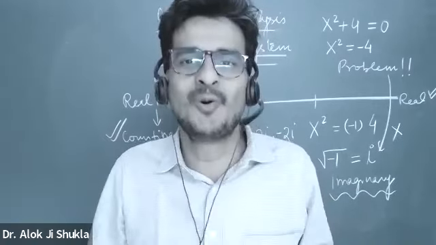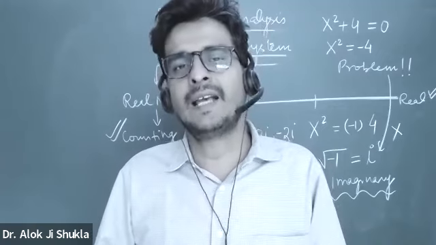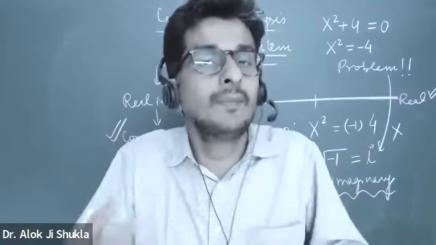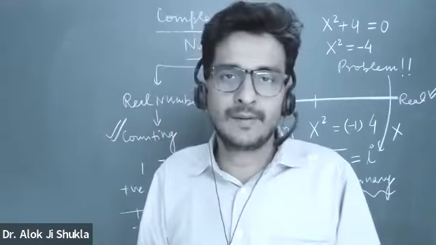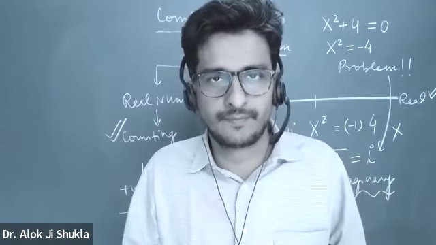The answer is no. We can't write the under root of a negative number in terms of real numbers. If we could have written it in terms of real numbers, that number would belong to the real world.